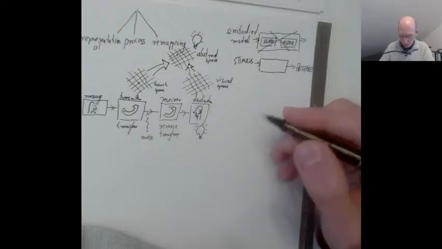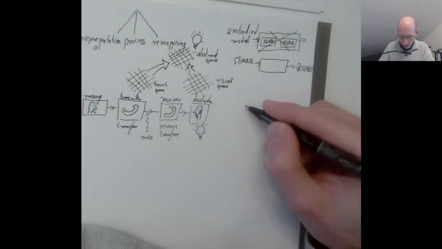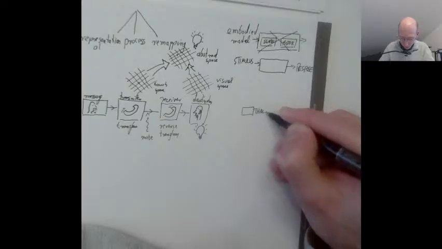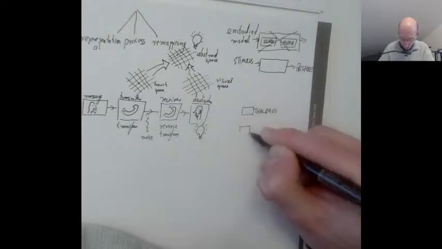For one thing, what we already know: we have the thalamus. We have the medulla.